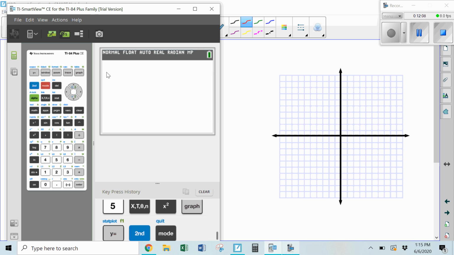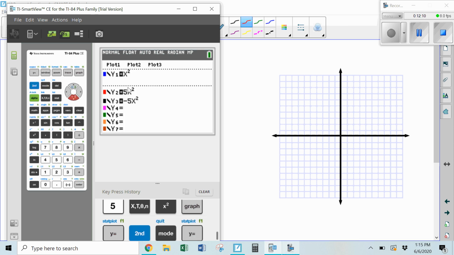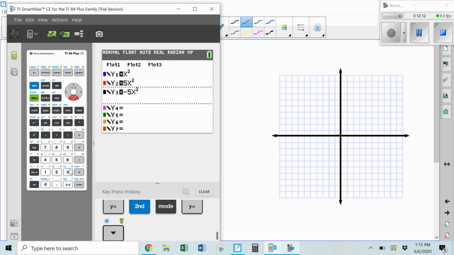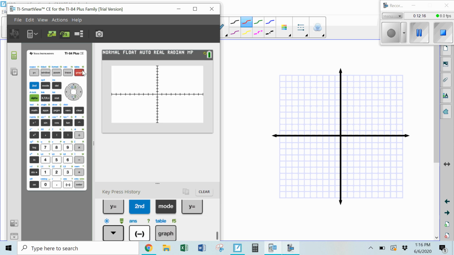Maybe you did this also. Instead of hitting minus, you have to hit this negative down here by enter. Make sure you hit that and then hit graph. So the blue is the parent function. The red is vertically stretching 5 times faster. The black is also stretching vertically 5 times faster, but it is reflecting over the x-axis.